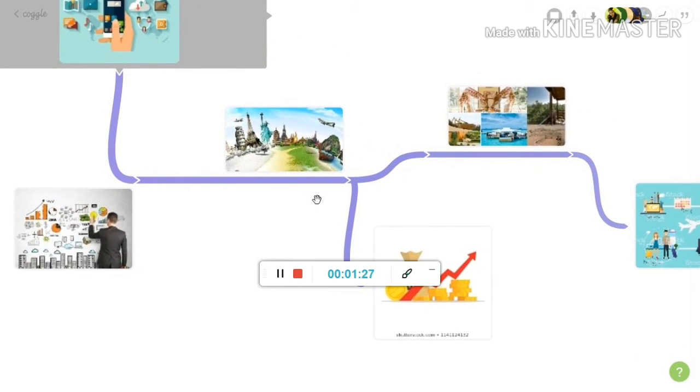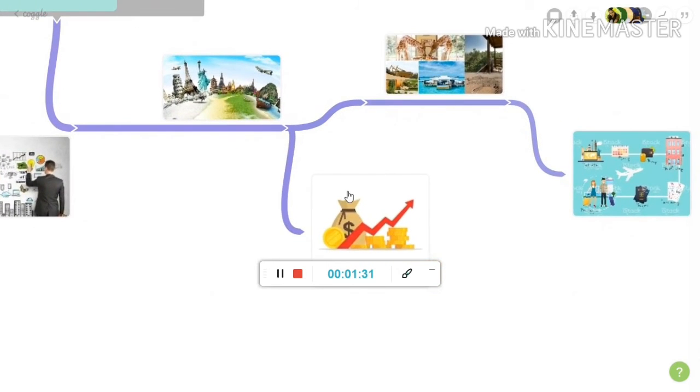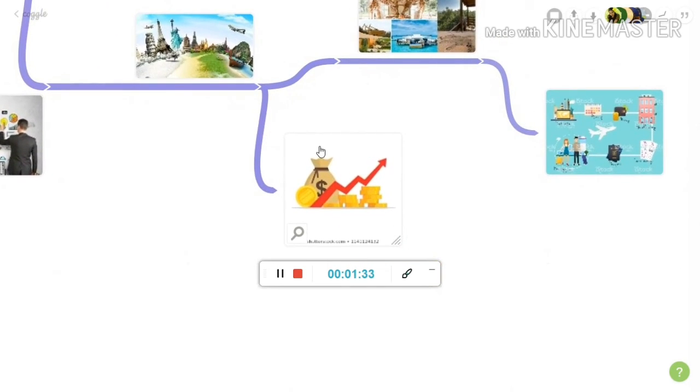The other part of the marketing mix is the price. The price of the product requires the consideration of three key factors.